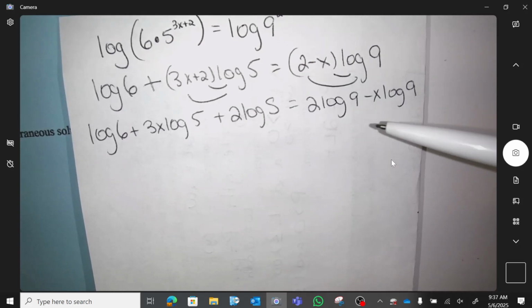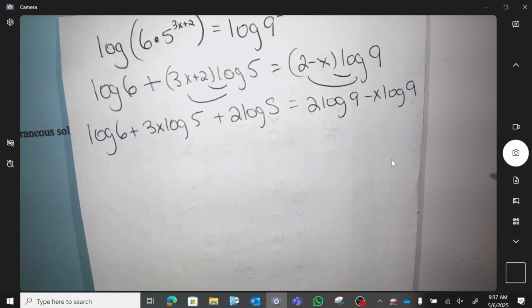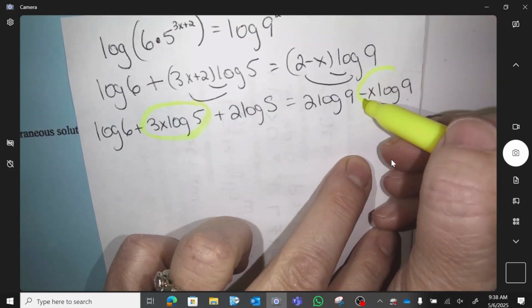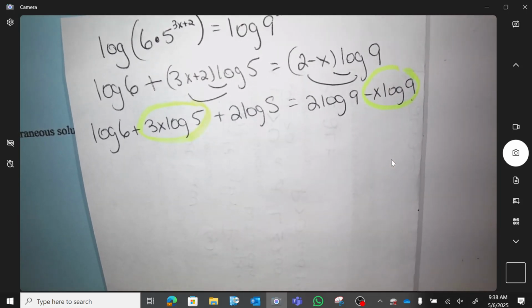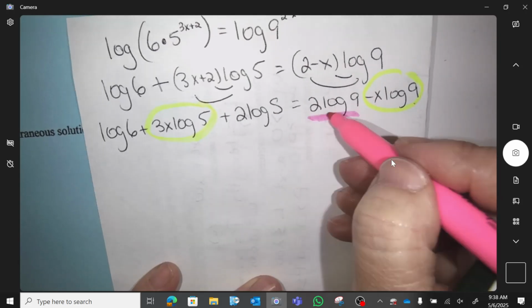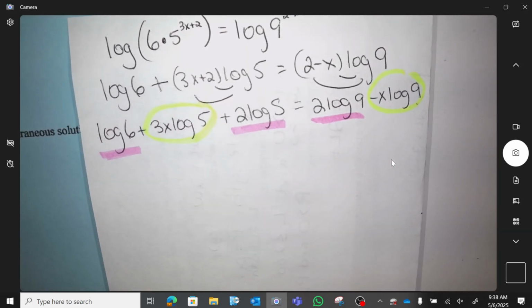Okay, don't forget, you're not really writing a base because the whole time you're using that secret base 10. Okay, what do we need here? We need x terms on one side. We need not x terms on one side.